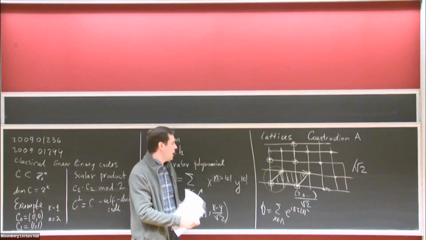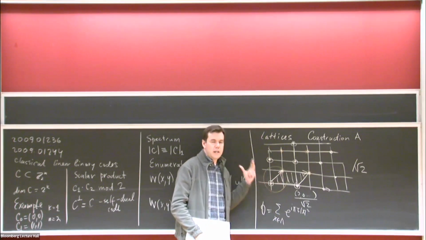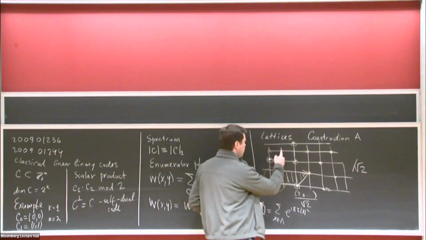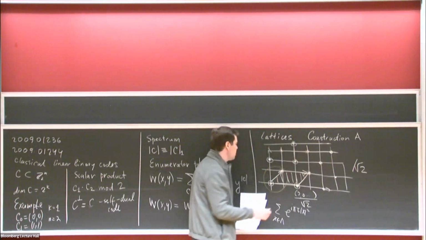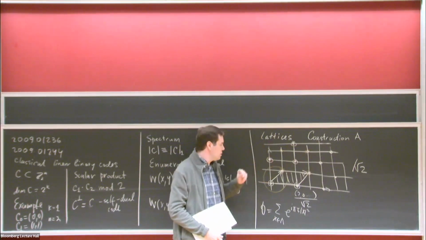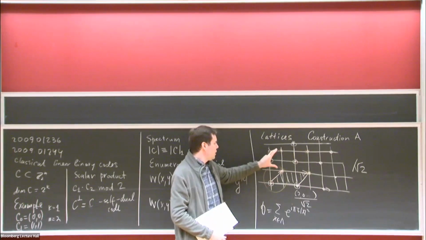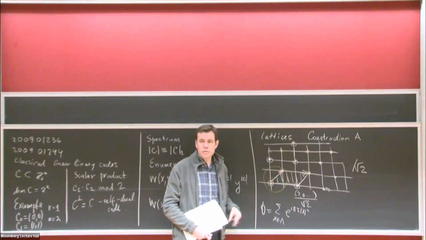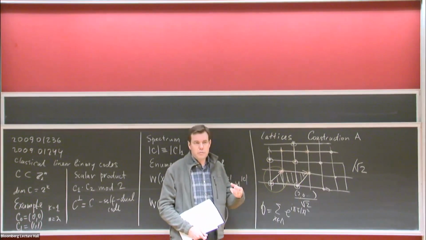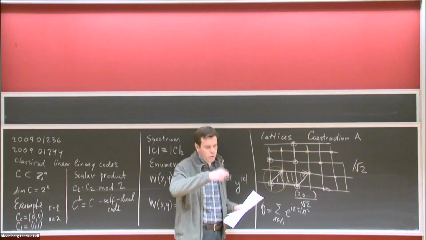So it's clear that each code word, this is a trivial one, this is a non-trivial one, gives rise to some kind of cubic structure. Mathematically, these orange points don't form a lattice, they form a periodic structure, which is akin to a crystalline lattice, but mathematically it's not a lattice because it doesn't start at the origin. But we can sum over all of these points, and it's very easy to see that the sum would be given by Jacobi theta functions to some power, because Jacobi theta functions go through the cubic lattice and pick certain points.